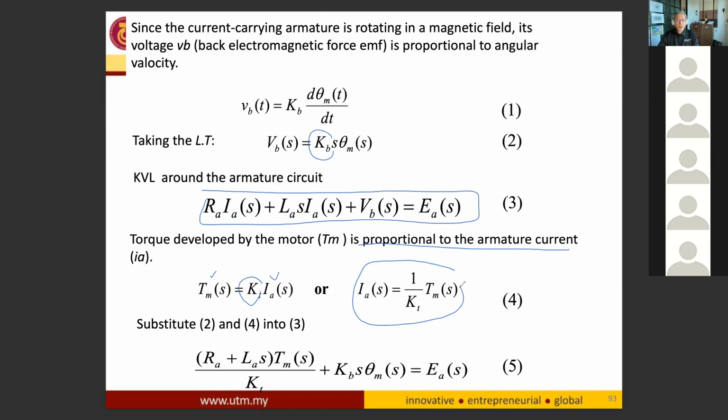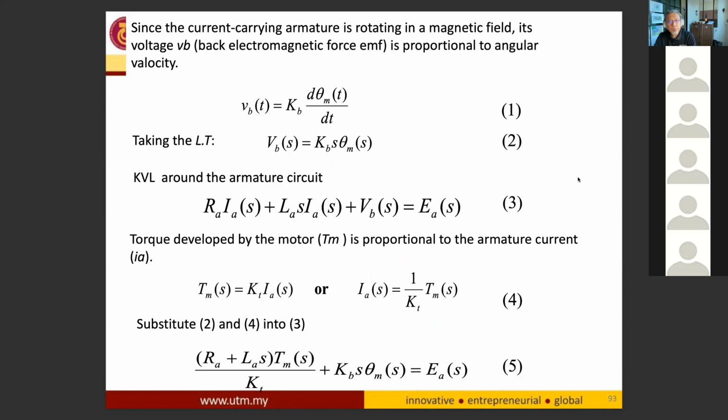So we have 4 main equations. We substitute equation 2 and equation 4 into equation 3, and we will get equation number 5, which is RA plus LA s multiplied by TM divided by KT, the constant, plus KB s theta M, which is equal to EA.